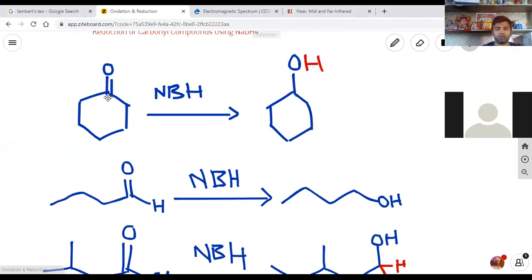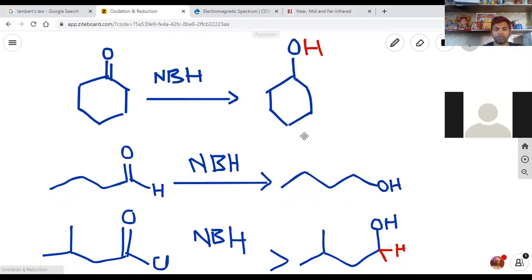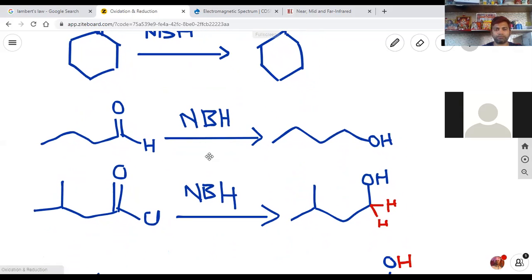This is cyclohexanone. It undergoes reduction in the presence of sodium borohydride, and it gets converted to this alcohol. Similarly, this aldehyde also gets converted to alcohol.